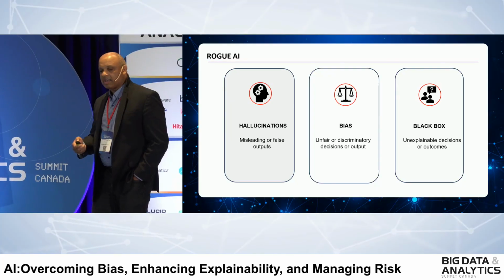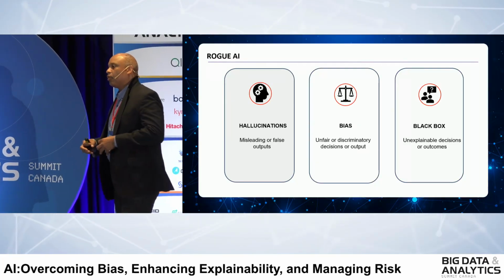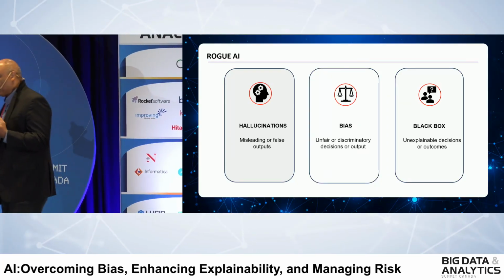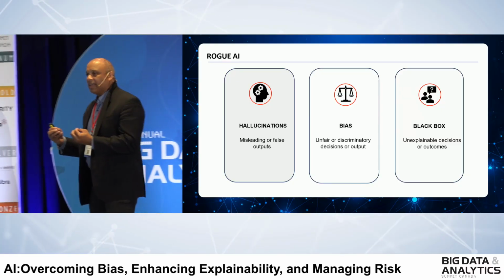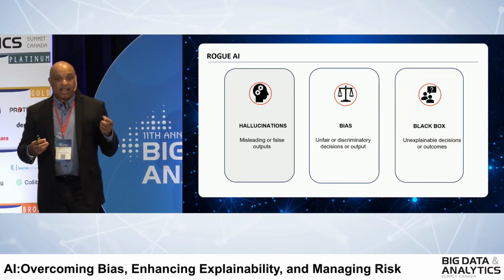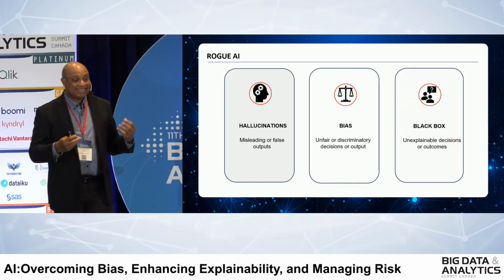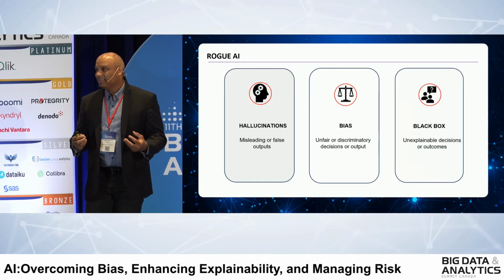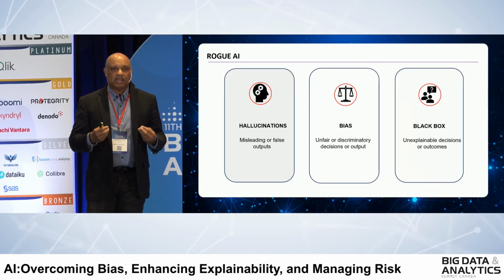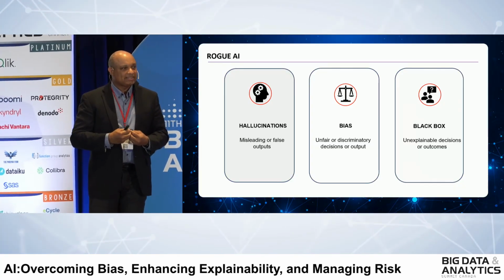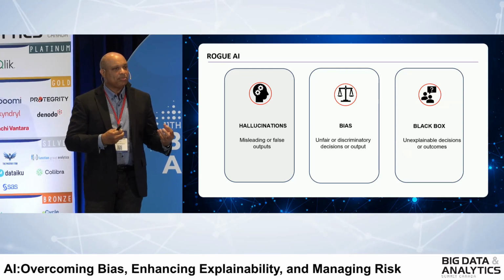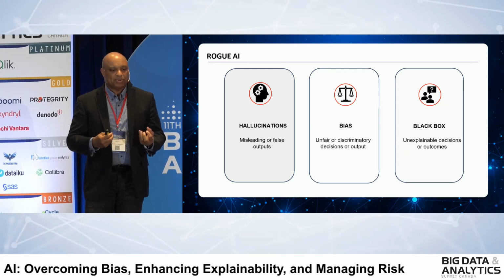Now, on the other side of the fence, we have something called rogue AI. And if you have rogue AI, then what you really have is models that have what we call hallucinations. And essentially, they make stuff up. The outcomes are not necessarily grounded in fact, and potentially are unreliable because you can get different outcomes for the same input.